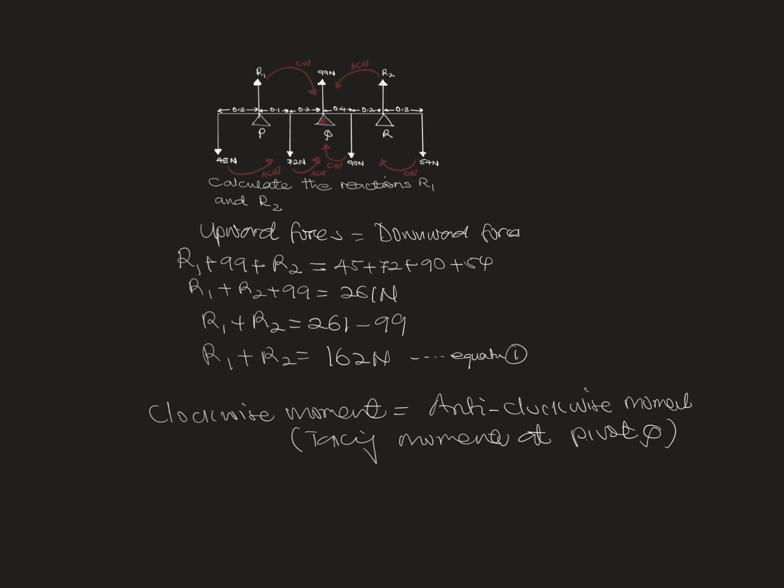For the 90 Newton, the perpendicular distance directly from pivot Q is just 0.4 meters. So the moment, which is the product of force and perpendicular distance, will be 90 multiplied by 0.4. What is the other clockwise force? 54 Newton is acting clockwise, and the perpendicular distance from pivot Q is 0.4, 0.2, 0.3.